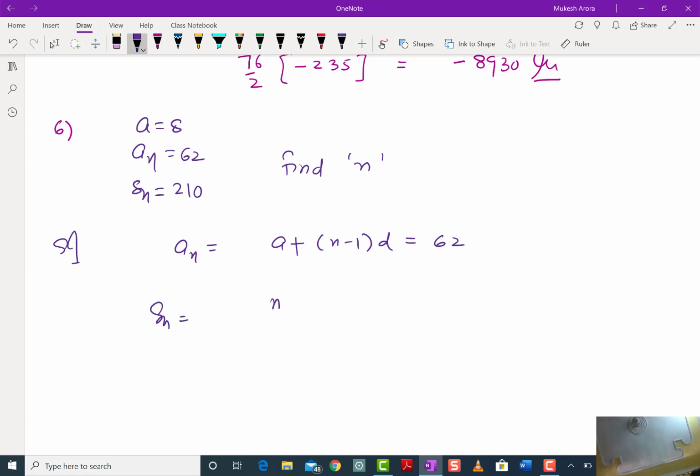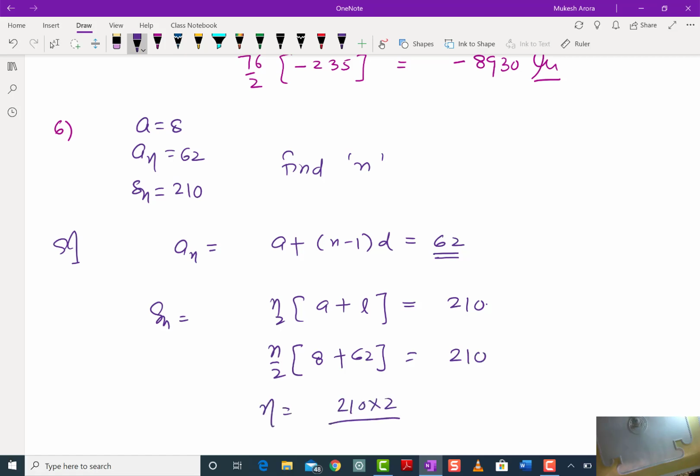Sn is equal to n by 2 (a plus l), and this is equal to 210. So n by 2 (8 plus 62) is equal to 210. N is equal to 210 into 2 by 70. N is equal to 6.